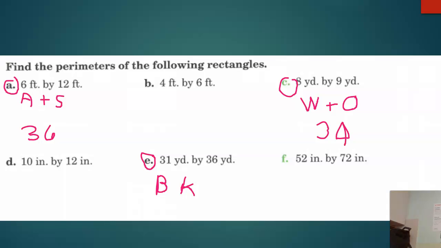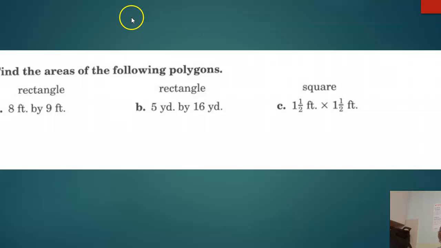And for letter E, we would have done 36 times 2 and then 31 times 2, and we would have had a sum of 134 yards. All right, so give yourselves a hand if you were able to figure those.